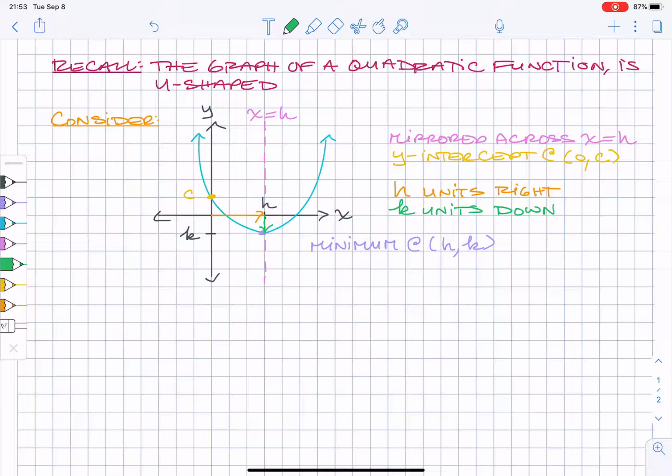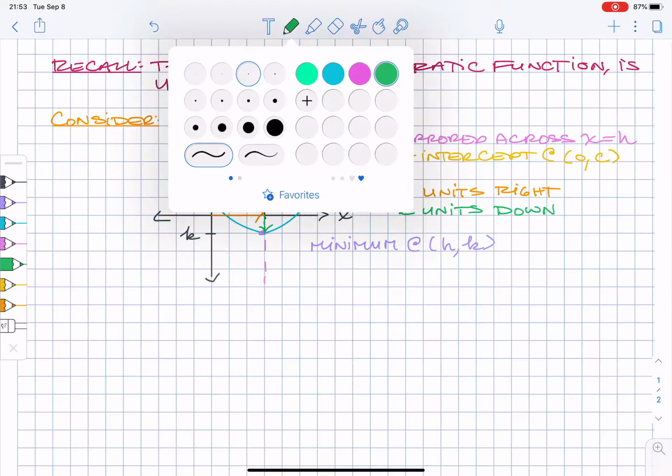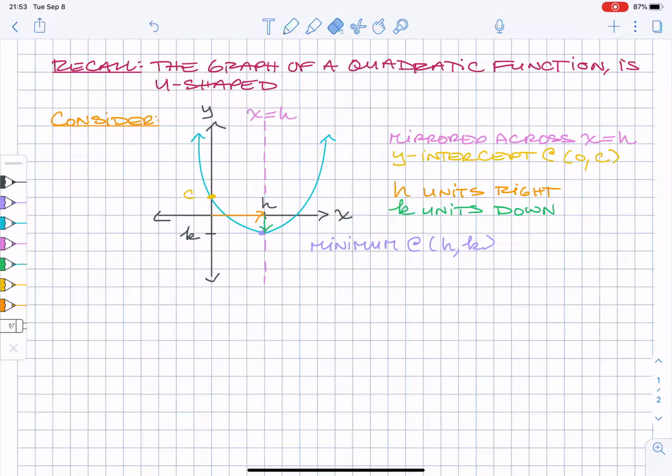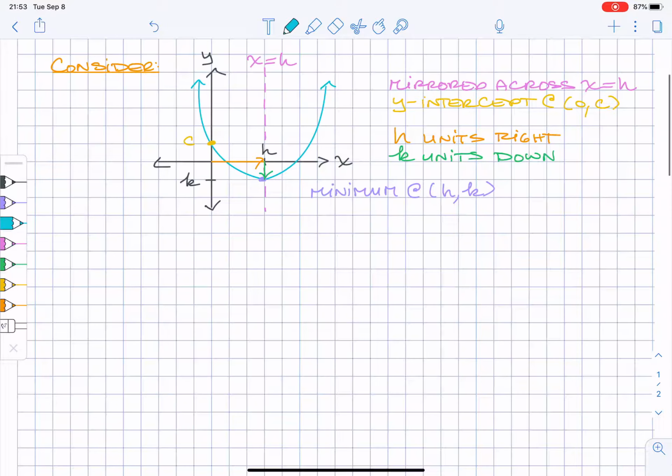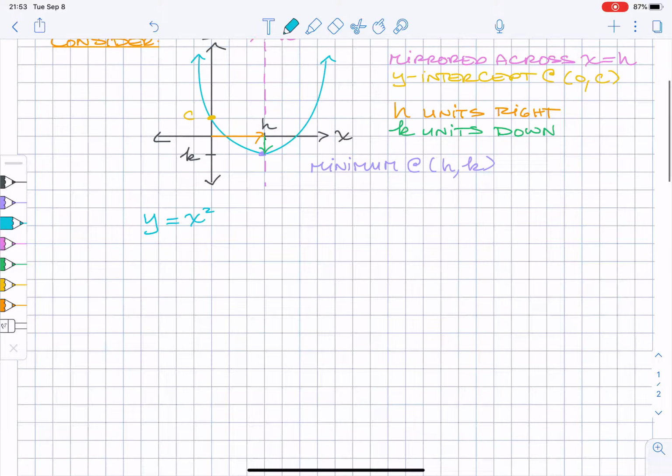And so what was the standard equation for a quadratic? It was y is equal to x squared. So now, let's say I want that it's stretched vertically by a factor of a.